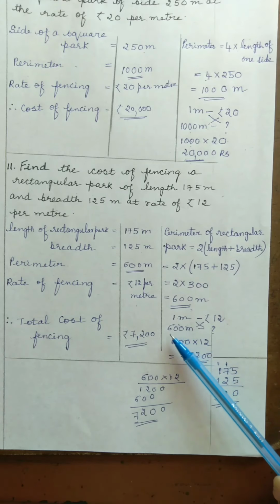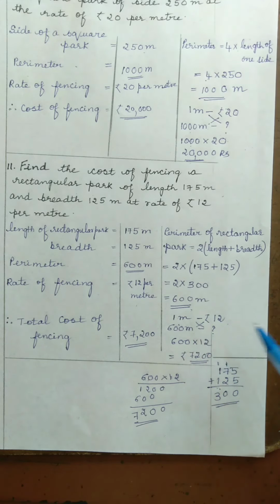Then, for 600 meter, how much is the cost? On cross multiplying in this way, 600 into 12, and through the simplifications, we got the final answer equal to rupees 7,200. And this is the method and simplifications used to solve the 11th problem.